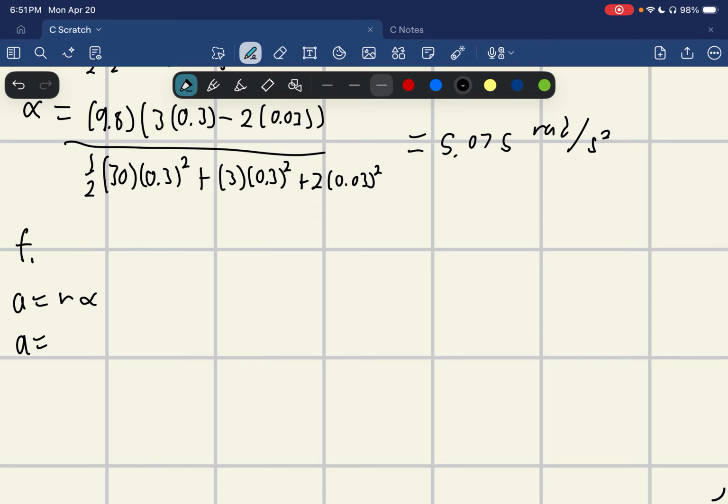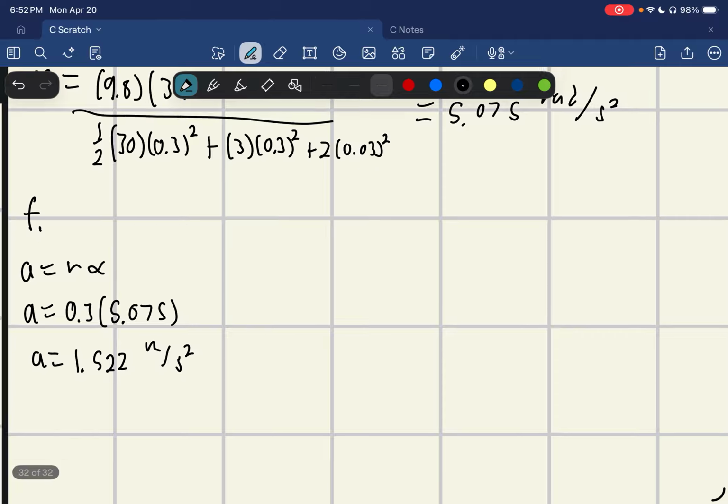So a is equal to 0.3 times our new angular acceleration, which is 5.075. So a is equal to 1.522 meters per second squared.